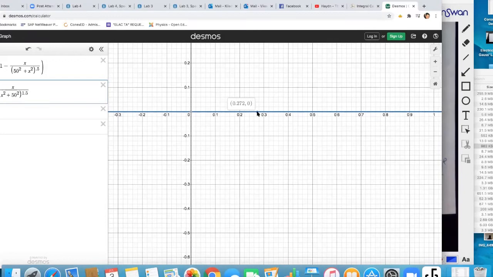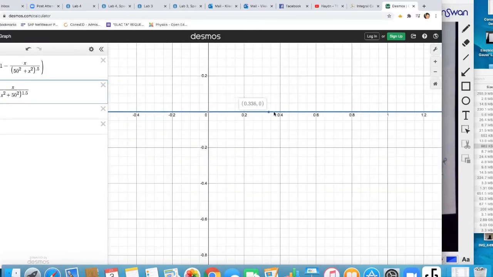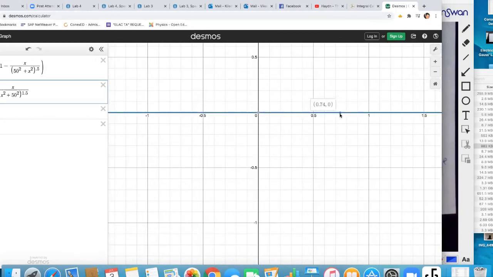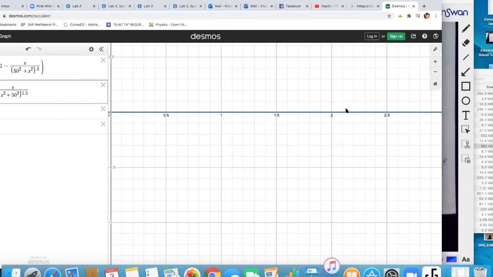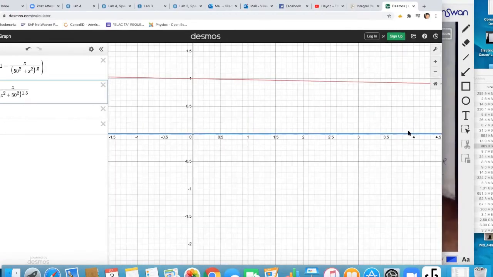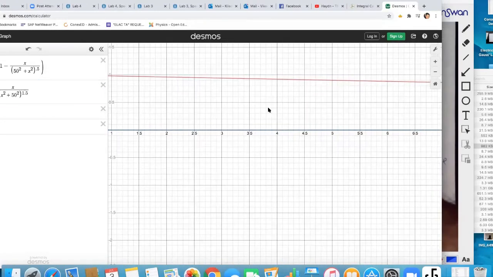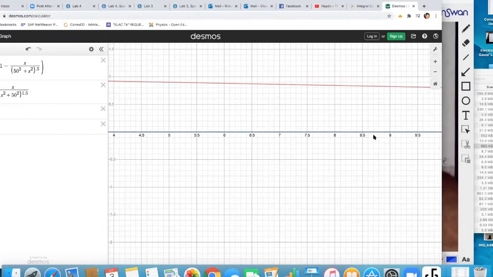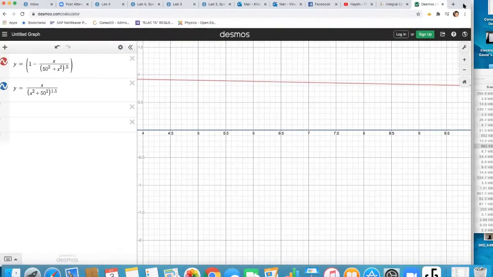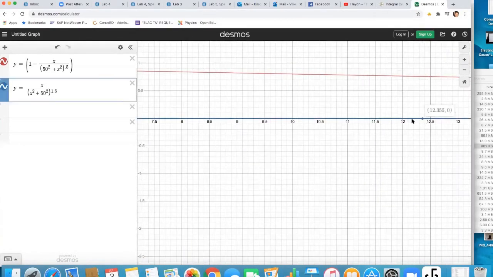Wait. Oh, it's kind of flat. That's weird. x over x squared plus r squared to the power of 1.5. It's weird that it's flat.